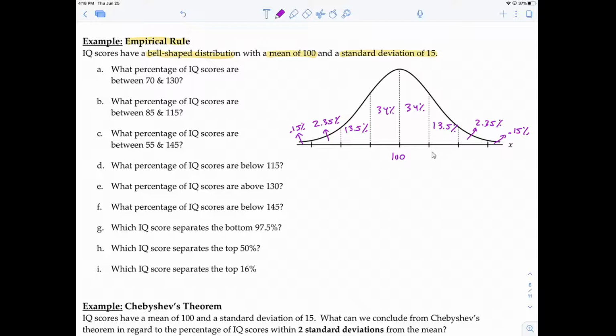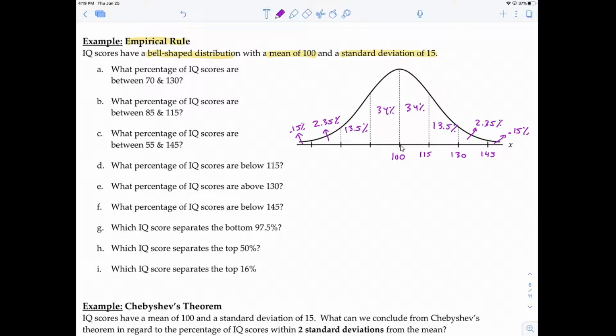If each of these tick marks is a standard deviation apart, they would be a distance of 15 apart, right? From 100 going to the right, we're adding 15, so we get 115, 130, and then 145. I'm just adding 15 to each consecutive number to get the next one.